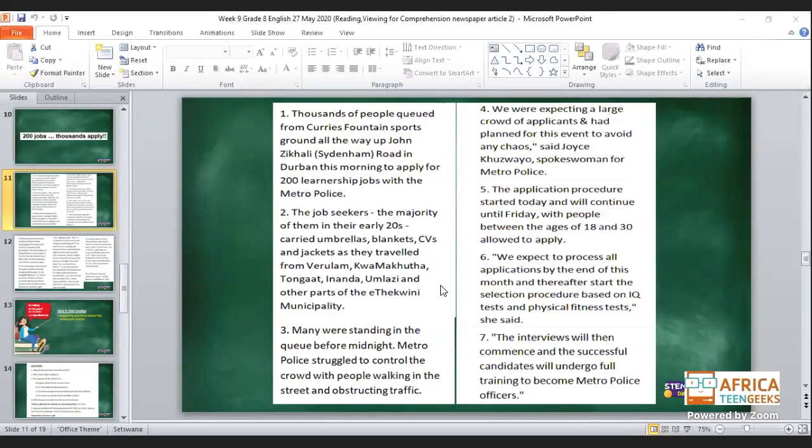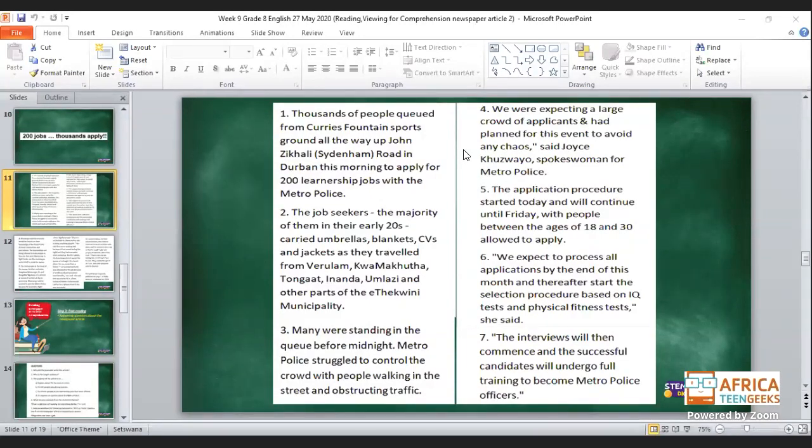The job seekers, the majority of them in their early 20s, carried umbrellas, blankets, CVs, and jackets as they traveled from Verulam, KwaMakhutha, Tongaat, Inanda, Umlazi, and other parts of the eThekwini municipality. Many were standing in the queue before midnight. Metro Police struggled to control the crowd with people walking in the street and obstructing the traffic.